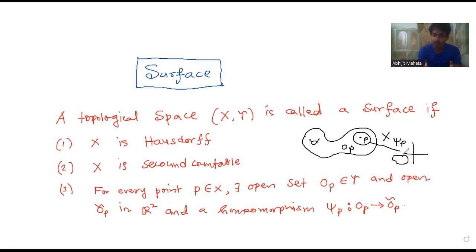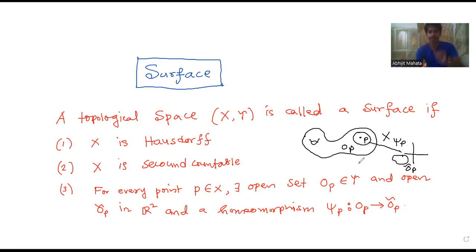The displaced open set we have in R2 is called OP tilde, and it is open by the map psi. So basically a surface means a topological space such that for every point, you can find a neighborhood around that point which locally looks like the plane.